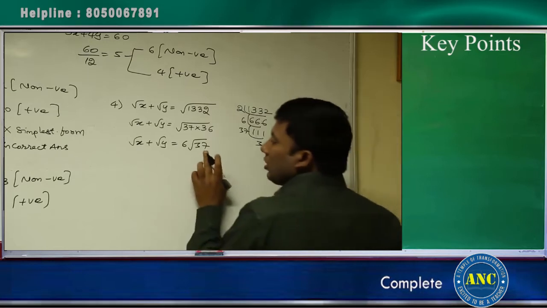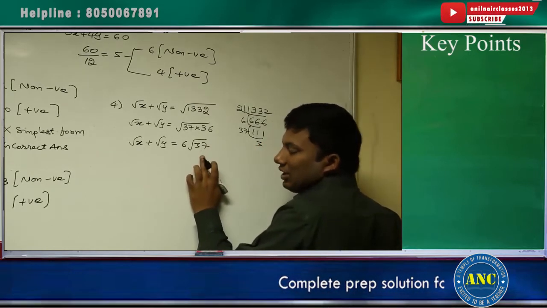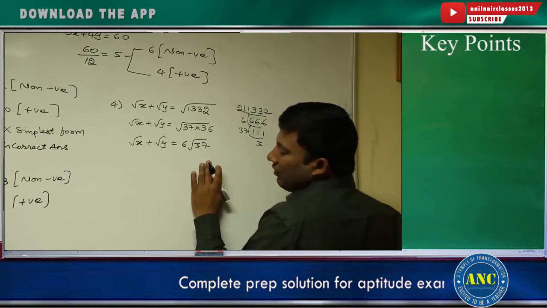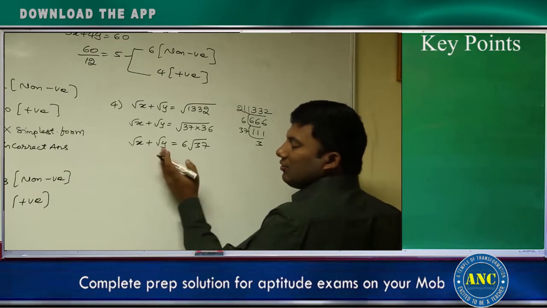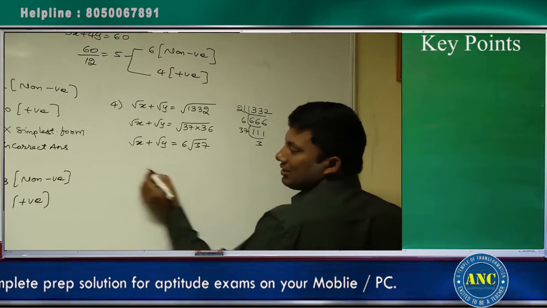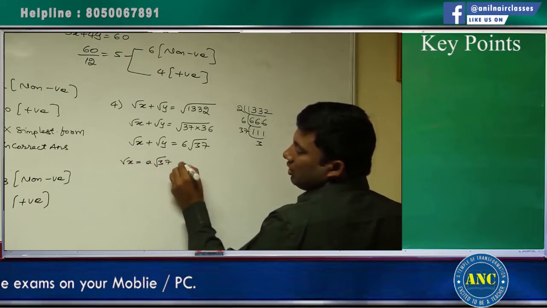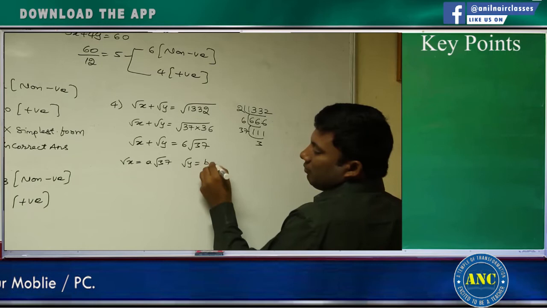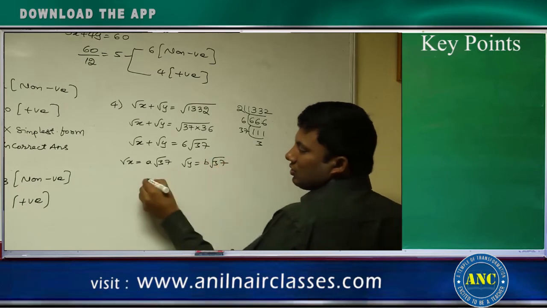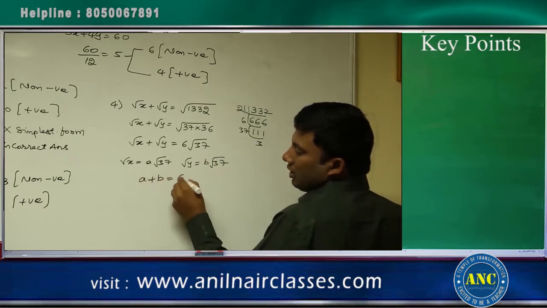Now see, root 37 is irrational. Without having root 37 on the left hand side, we will not get root 37 on the right hand side. So root x should be of the form a root 37, root y should be of the form b root 37. So this will be a plus b equivalent to 6.